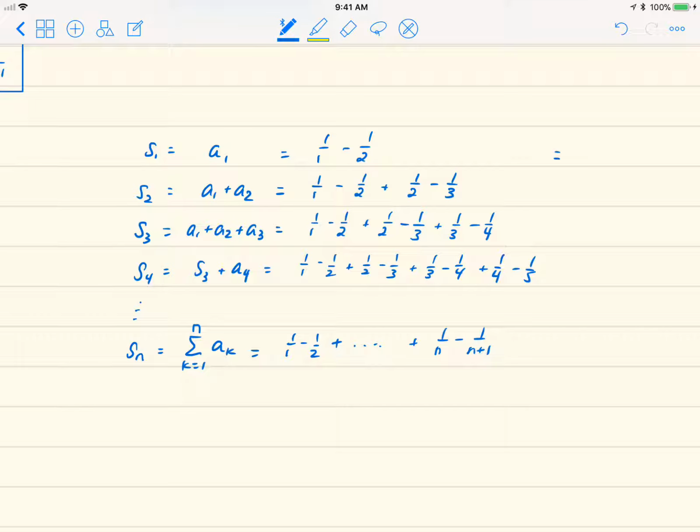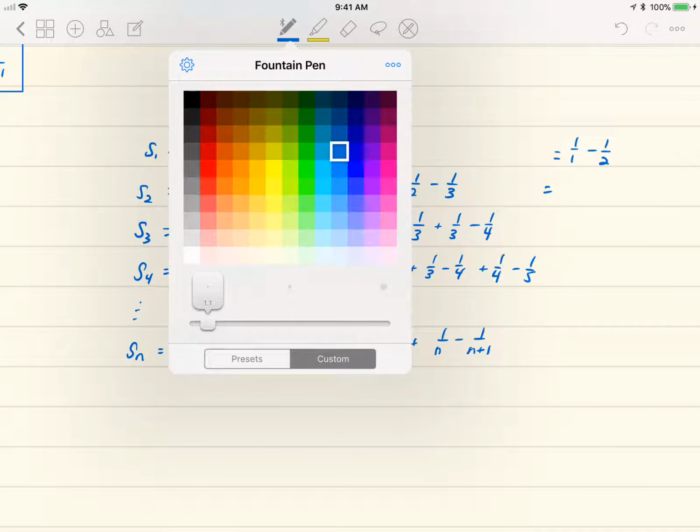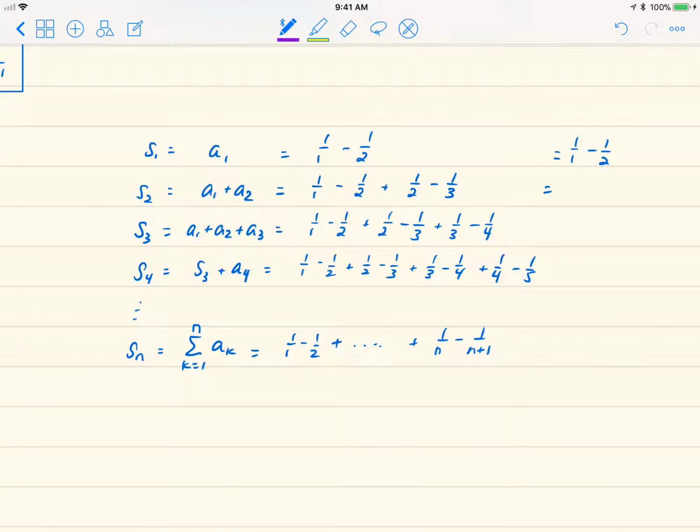So here for S1, there's nothing we can do. We've just got 1 over 1 minus 1 over 2. For S2, notice that some terms are canceling out. So we've got minus 1/2 and plus 1/2. So we're left with 1 over 1 minus 1 over 3.